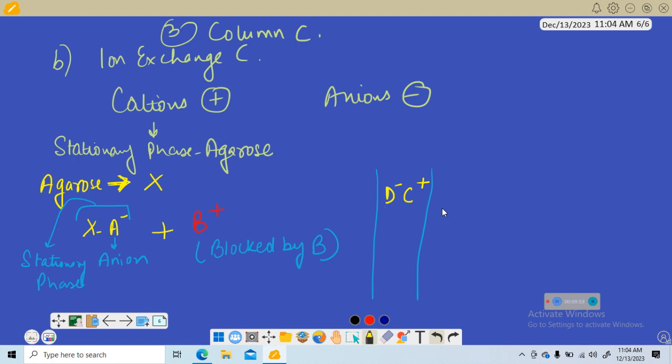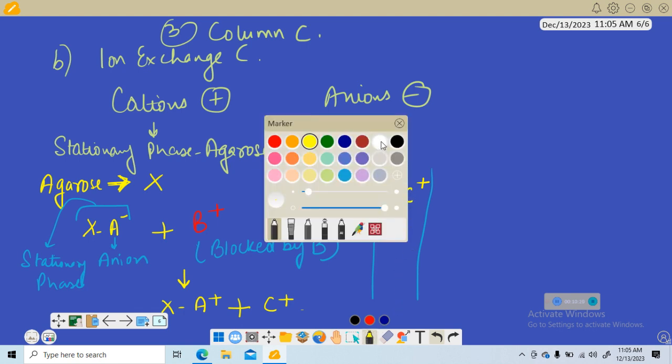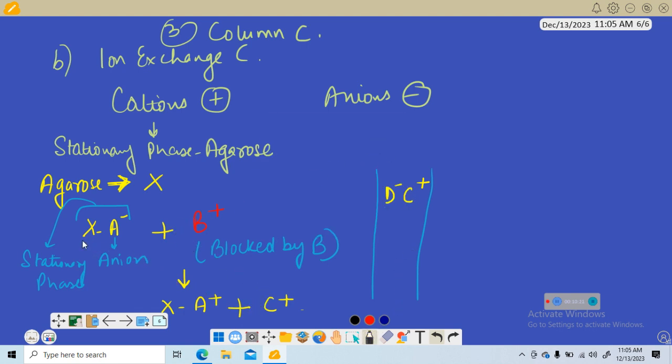So now what will be the reaction? See what will come out. If I see, this will be like this: X A negative plus C positive. Sorry, X A negative.